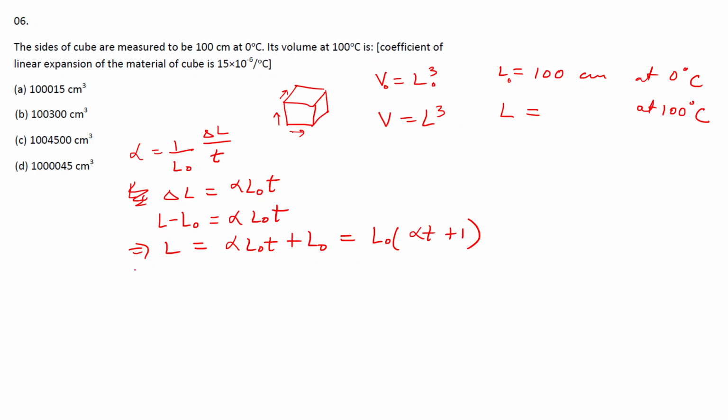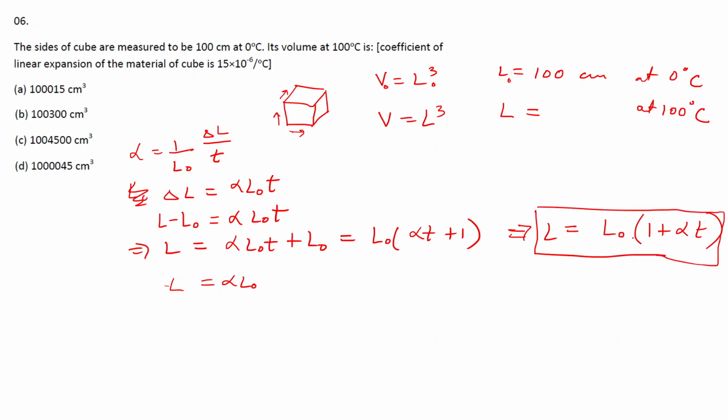When the situation is like this, then as we know, the change in length is something like this. From here what we find out is that the final length is original length times 1 plus alpha times the change in temperature, where alpha is the linear expansion coefficient.